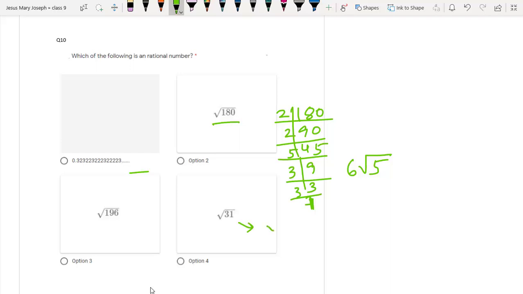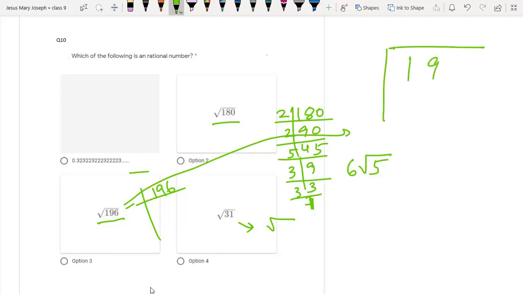In this case, this is also an irrational number, it can't be solved. This 196, let's see. I have taught you that method also to find the root directly. Use that method. In that what we did, we make pairs from the right end like this.